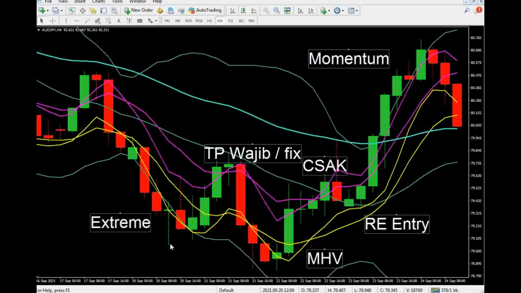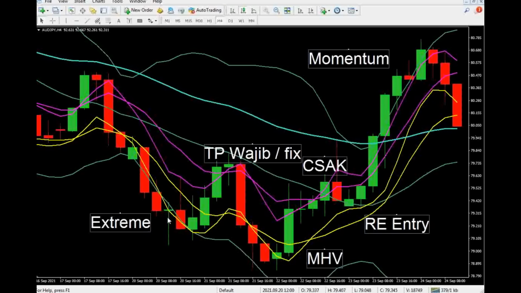Why is it called the rejection candle? Because we see this candle open in here, and then it moved down until here. After that, rejection comes, and the price of this candle moves up again, and then closes in here.